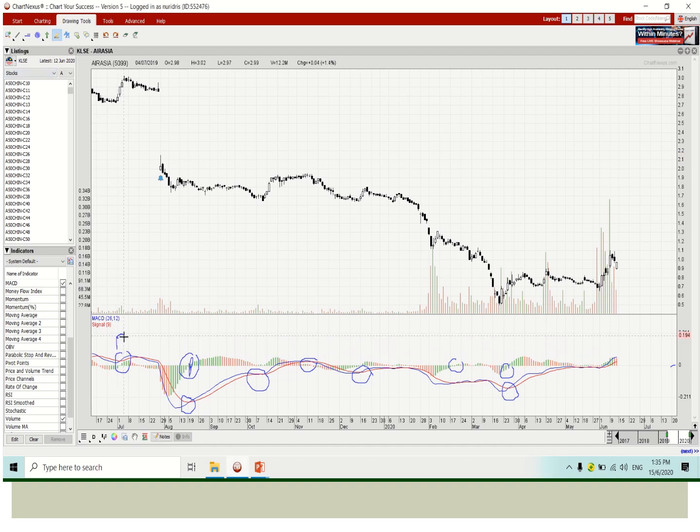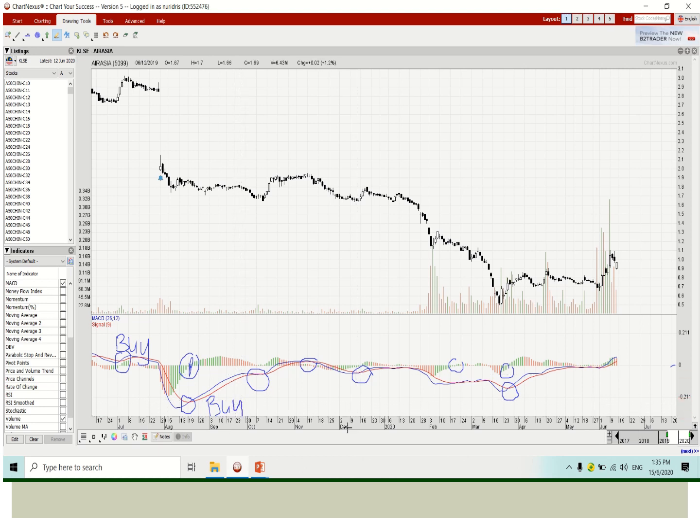This is a buying signal. And again, here the MACD line has crossed above the signal line, so this is also a signal to enter the market or buy.